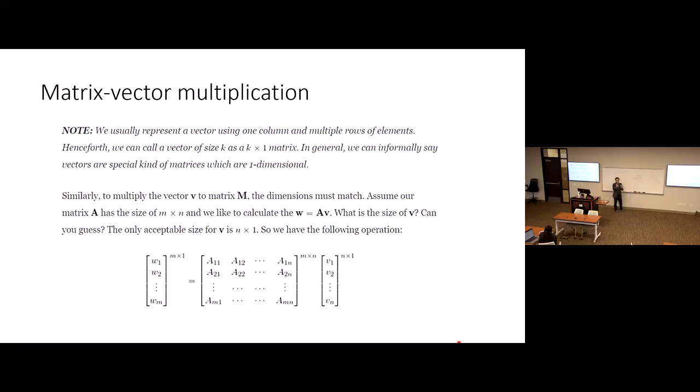Remember this framework. Now, if I reduce this to a vector, so it's only 1, then I should get a 1 by 6 result.